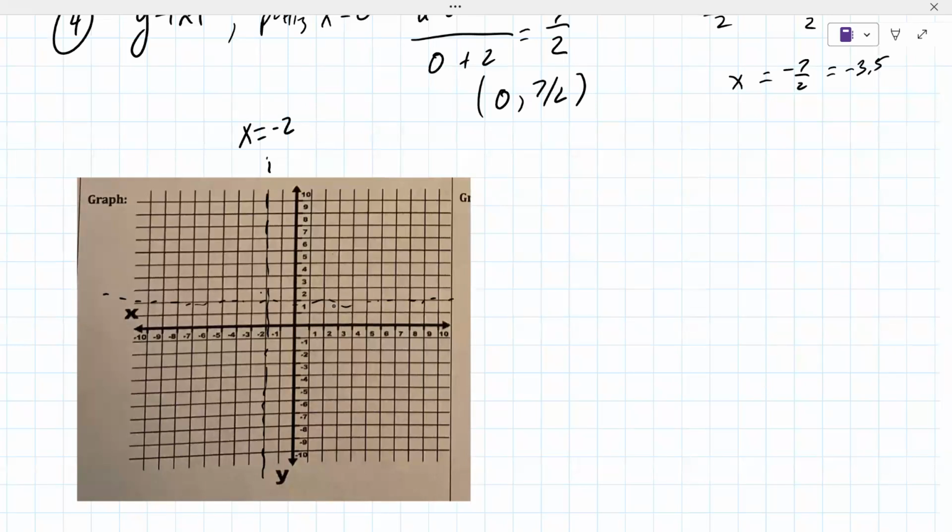Make sure you put the equations on the graph. You've got an x-intercept at -3.5 and a y-intercept at 3.5.